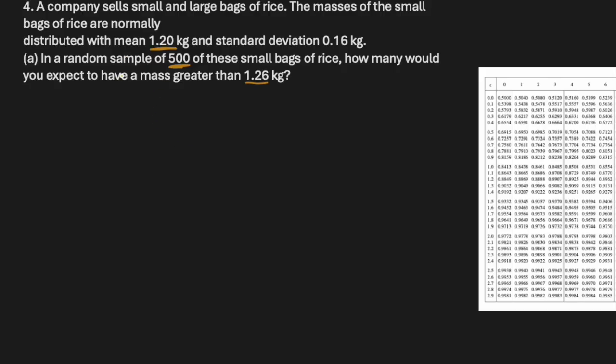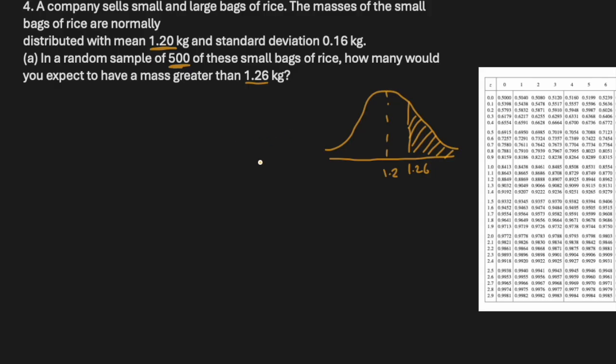So they are normally distributed, so let's try to visualize that. This is our normal distribution graph. Mean at the middle is 1.2. We want greater than 1.26, so let's say 1.26 is here. So we want this probability greater than 1.26.